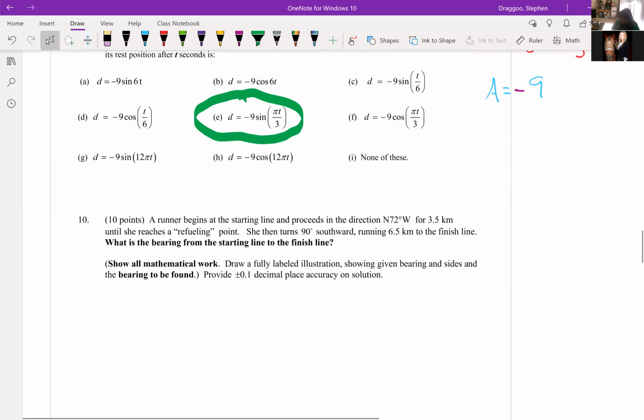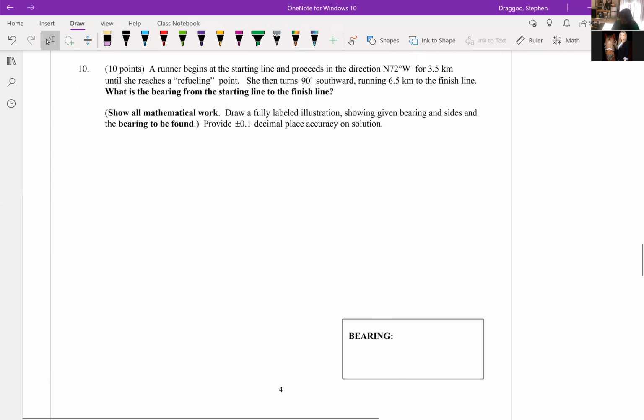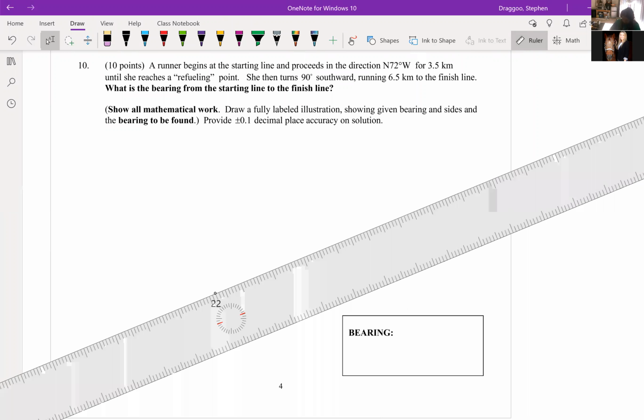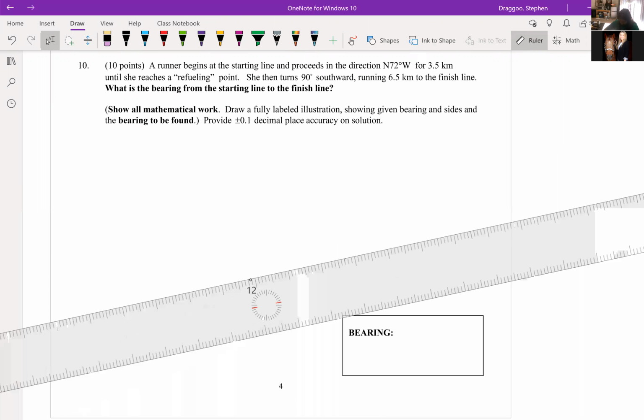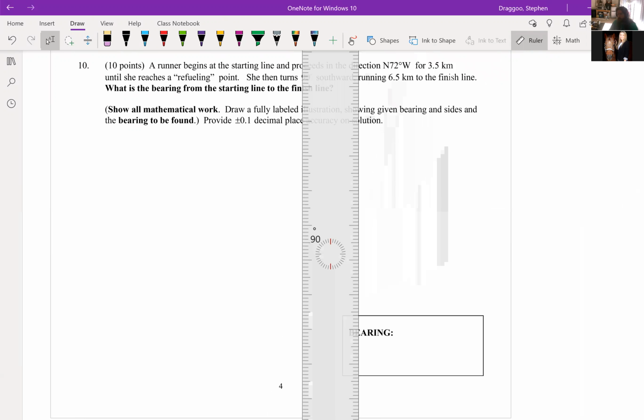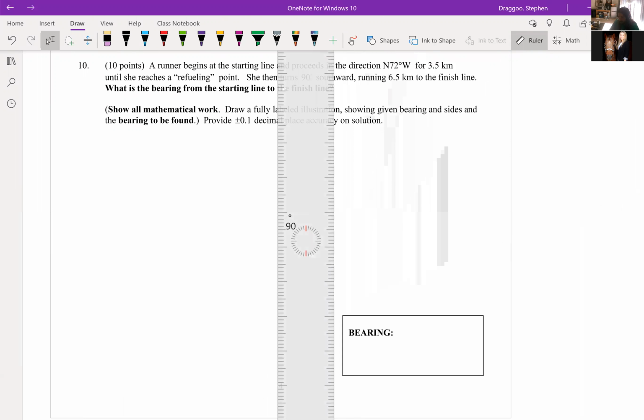Right. So let's slap something together. So initially, our runner is going to have a bearing angle of 72 degrees west of north, which means I'm going to start at the north line and then go 72 degrees to the west.